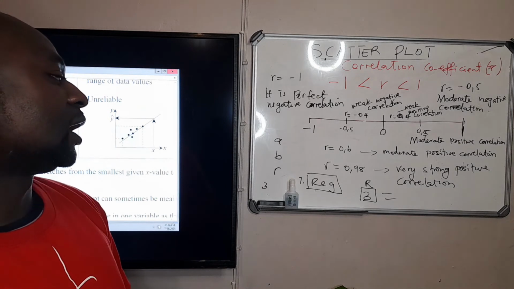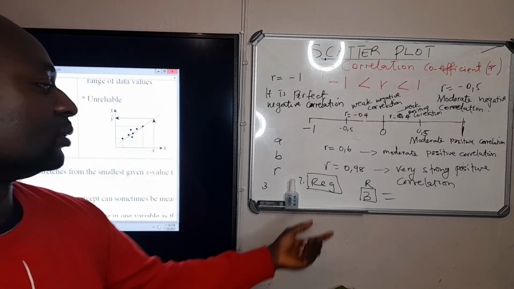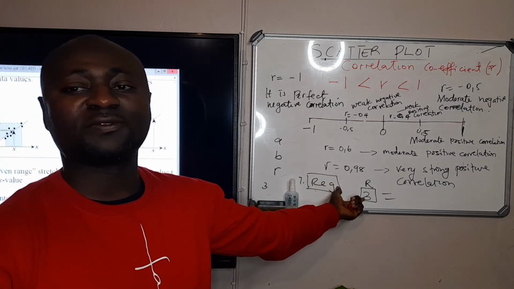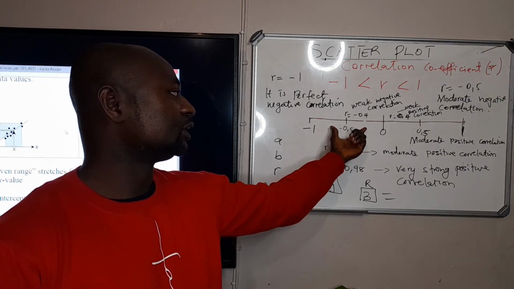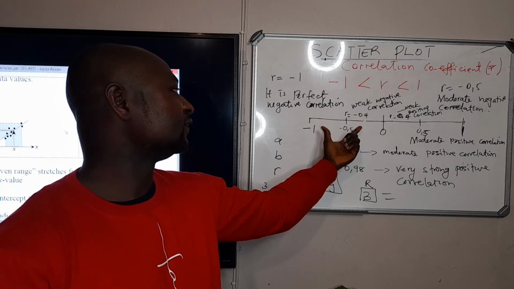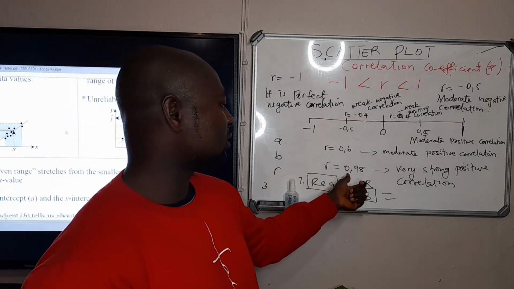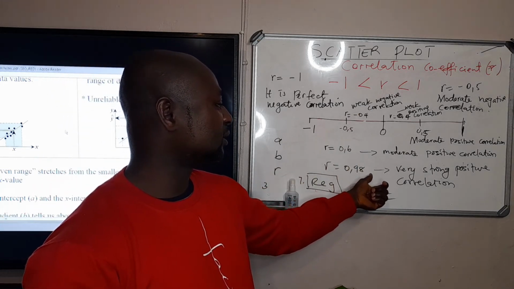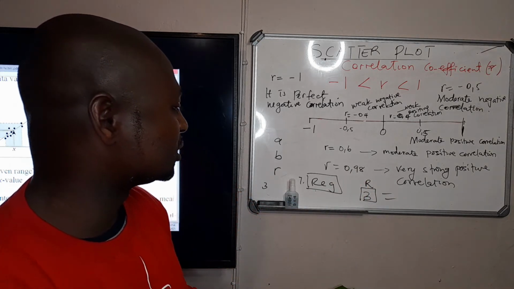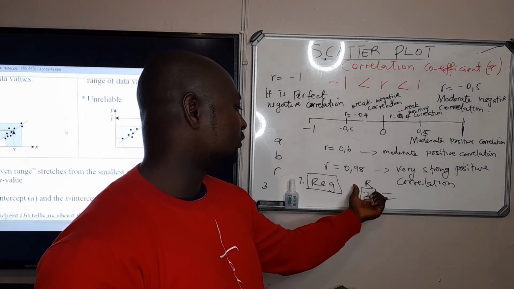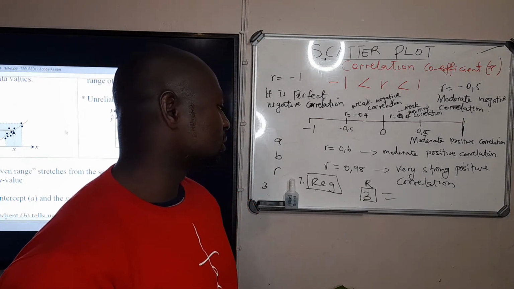And then from there, they will ask you to maybe give a comment on the correlation coefficient, which is R. So when you are talking about it, you use this scale and the definitions I've given. So if your R says negative 0.98, then your definition that you use to describe this will be very strong negative correlation.